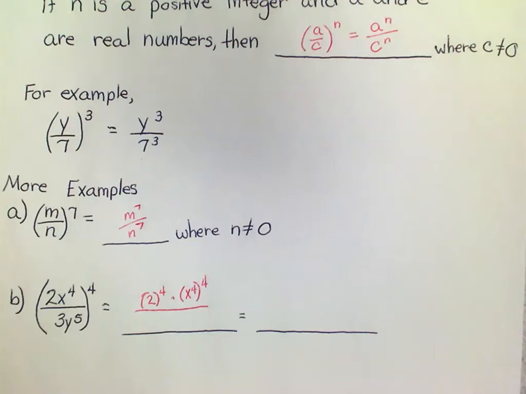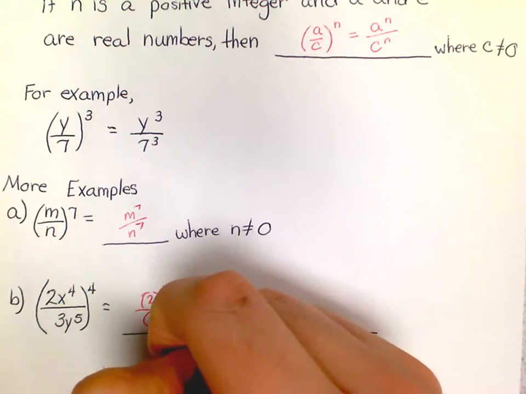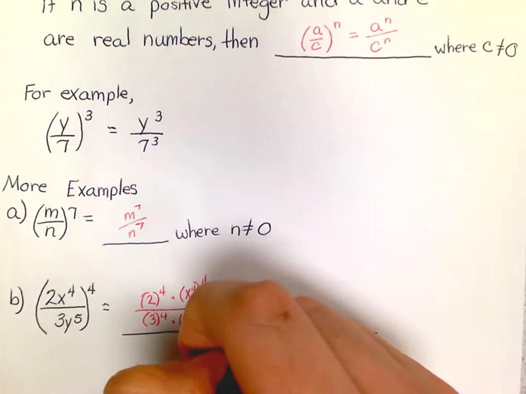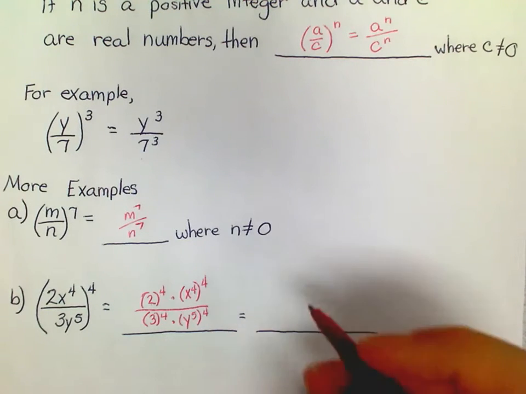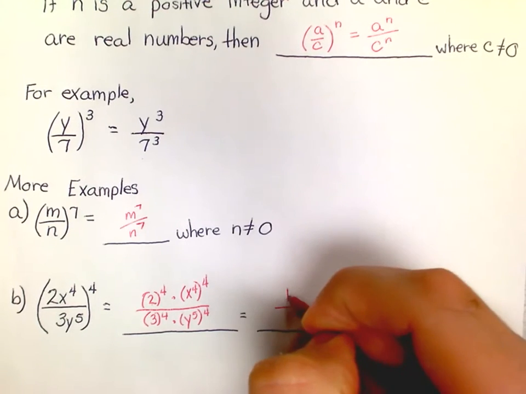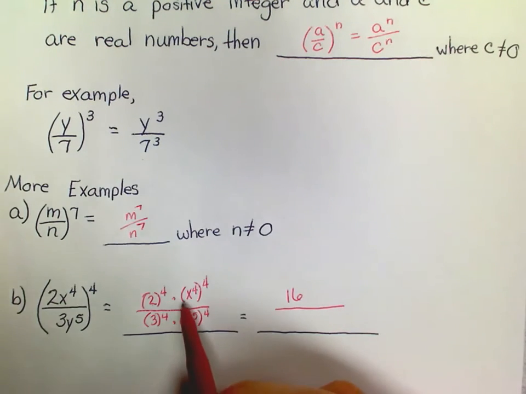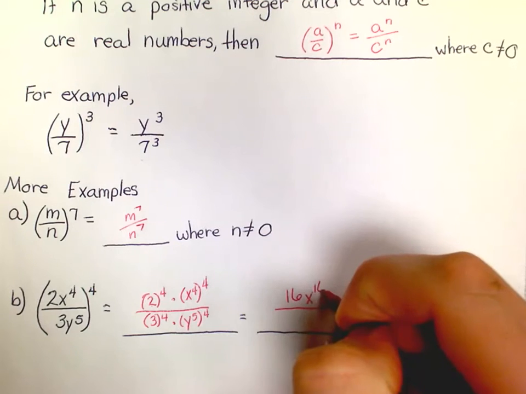And the same way down here in the bottom, we have 3 raised to the 4th times y to the 5th raised to the 4th. So we simplify that: 2 to the 4th is equal to 16. Using our rules that we learned in the previous video, we multiply these exponents together, giving us x to the 16th power.